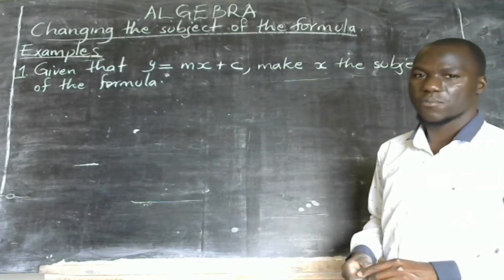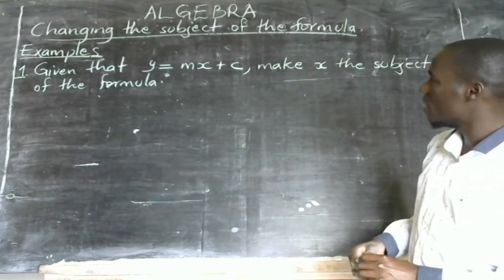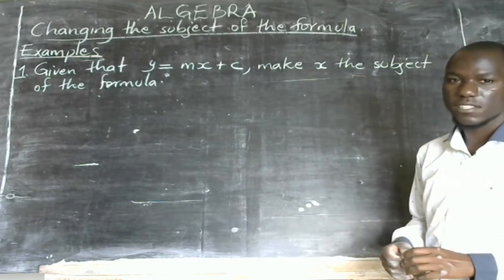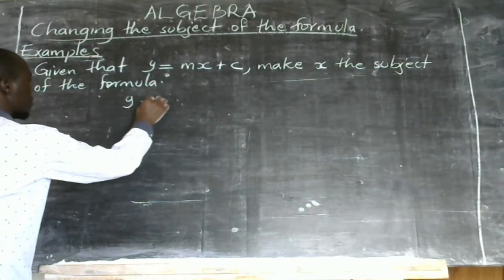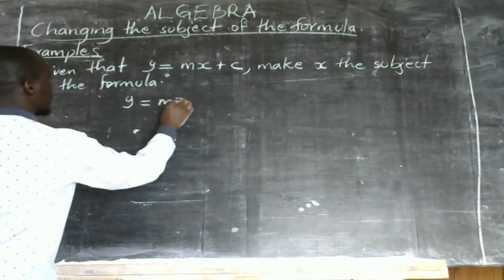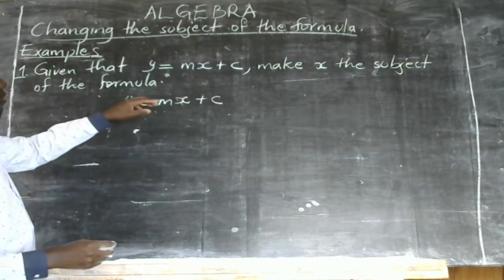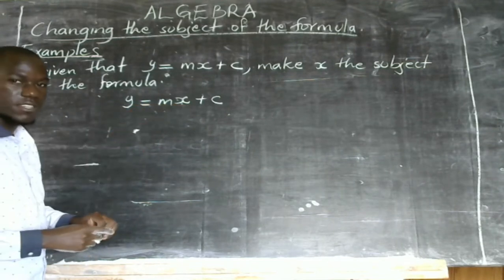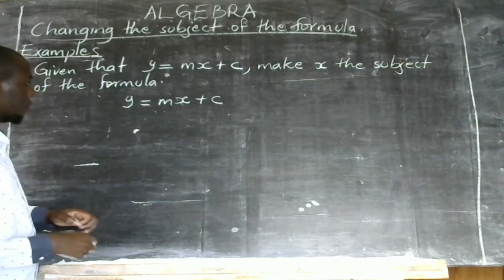So my example 1, given that y is equal to mx plus c, make x the subject of the formula. The equation is y is equal to mx plus c. I'm going to look at ways of making this x the subject of the formula, or the equation.